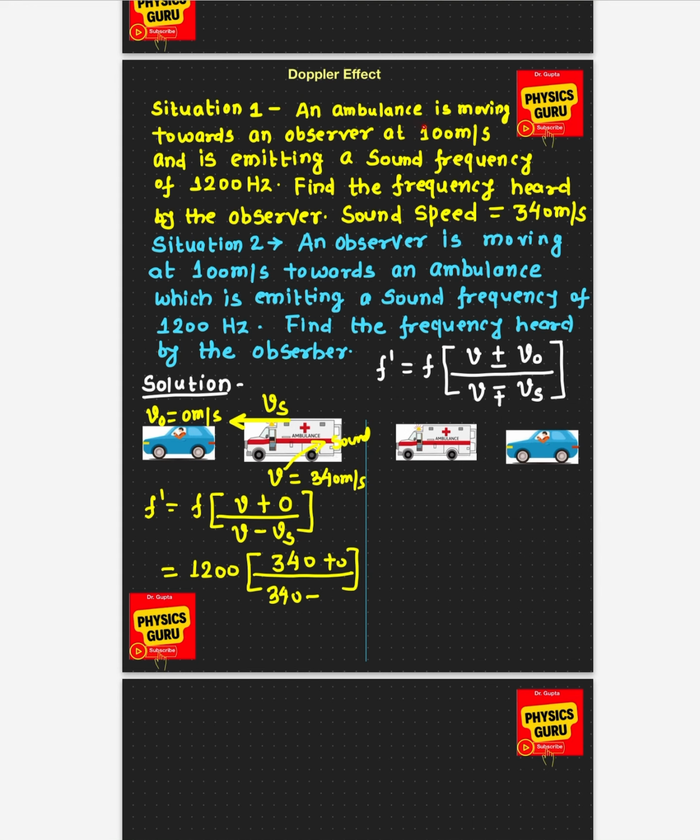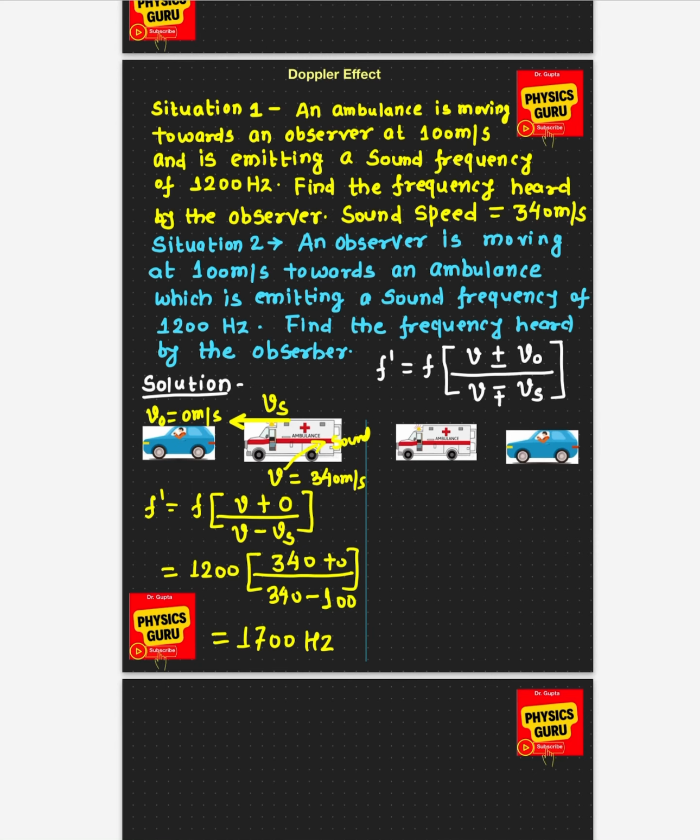The ambulance is moving towards an observer at 100 meters per second. So let me do the quick calculation: 1200 times 340 divided by 240. The number I am getting is 1700 hertz. That's the frequency you're going to hear.